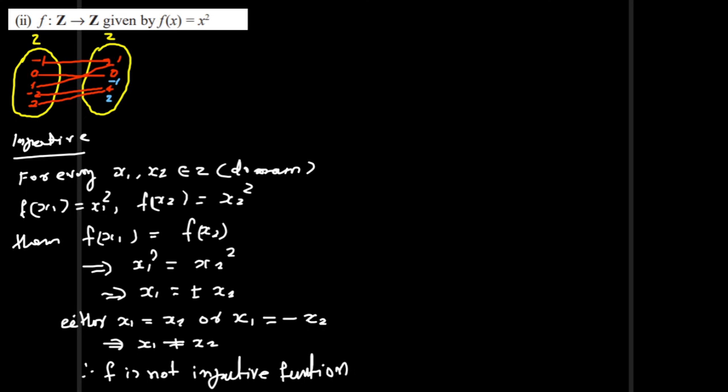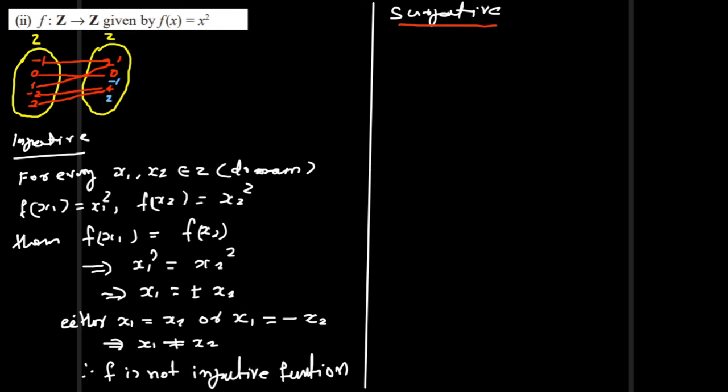Then next you can check the surjective function. So here listen, what is the codomain? Codomain is Z. What is Z? Z is equal to 0, plus or minus 1, plus or minus 2, etc. This is Z. What is the range?